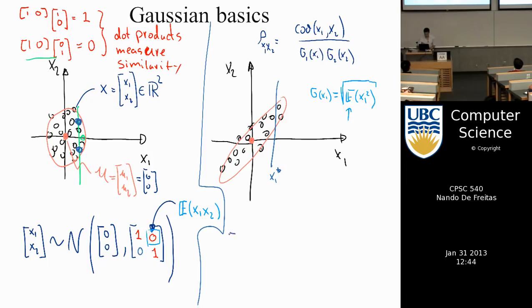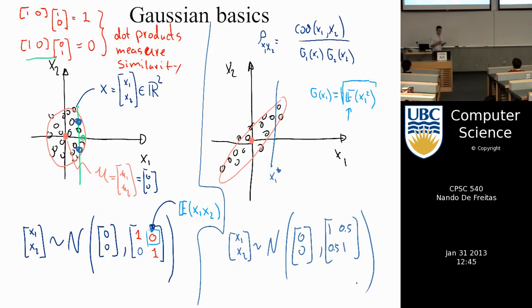If I do my Gaussian for this right-hand side, let's assume that I still have 1, but over here I'm not going to have 0. I'm going to have some positive number. That positive number basically indicates that if I expect x1 to increase, I should also expect x2 to increase.